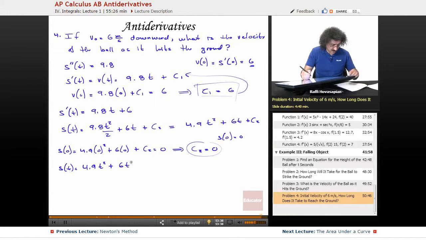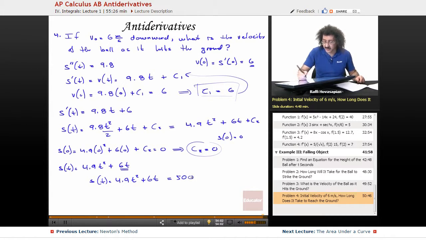That's my equation. Okay, now I need to find out how many seconds it takes now that I've thrown it with an initial velocity, which introduces this second term, which wasn't there before. Now I need to set s of t equal to 4.9t squared plus 6t.